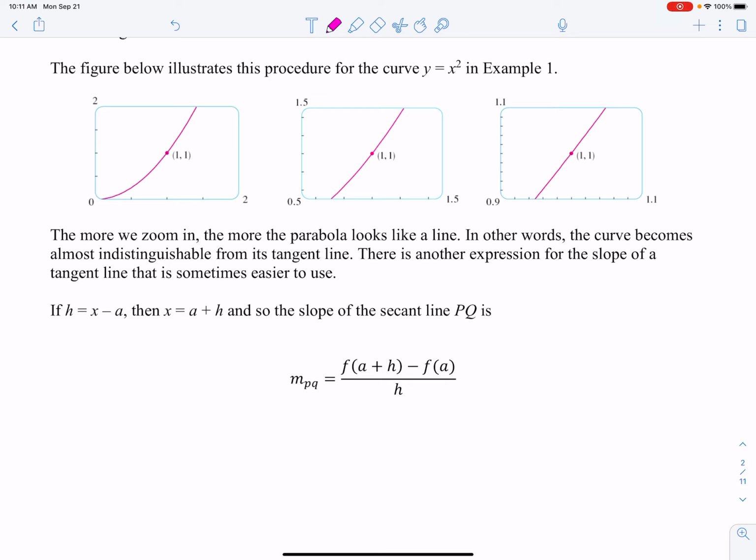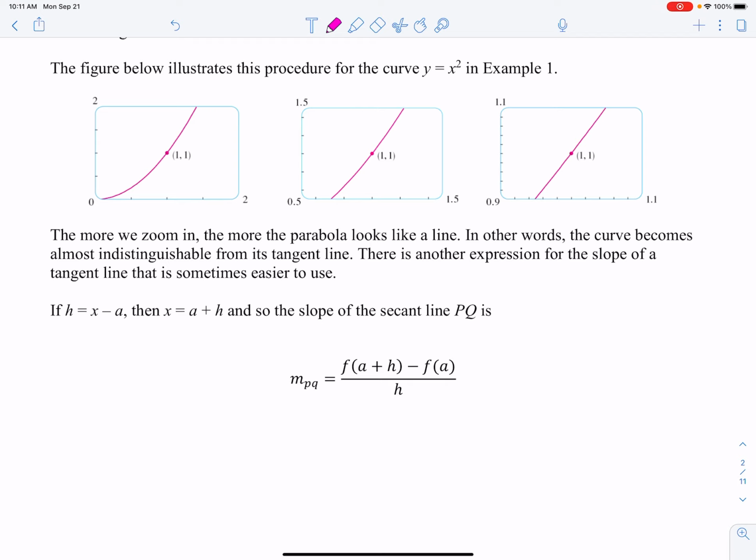So if you look at the horizon on the beach, you'll definitely see curvature. But as you zoom in, as you look closer and closer to your feet, the ground looks perfectly flat. Okay? All right, so the more we zoom in, the more the parabola looks like a line. That's what we're talking about here. In other words, the curve becomes almost indistinguishable from its tangent line.